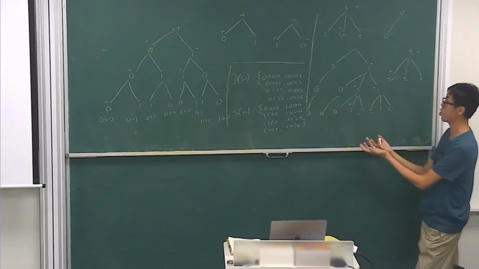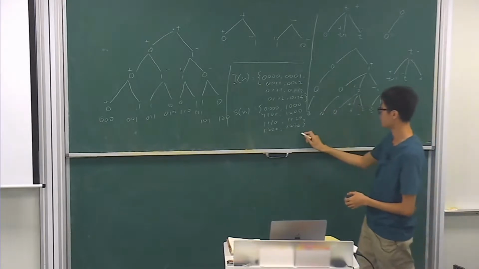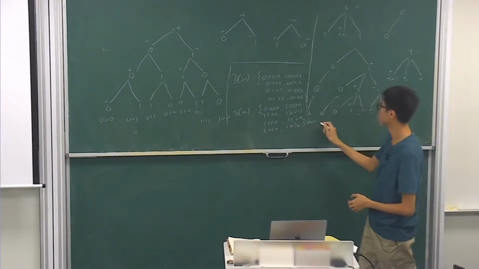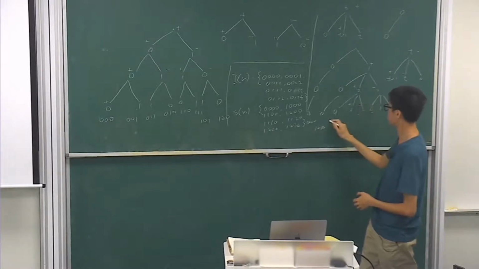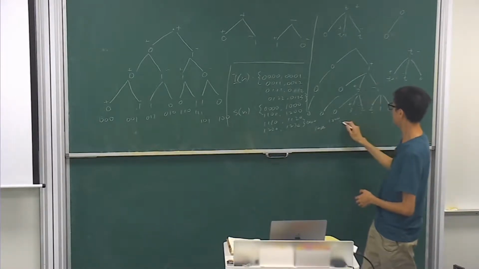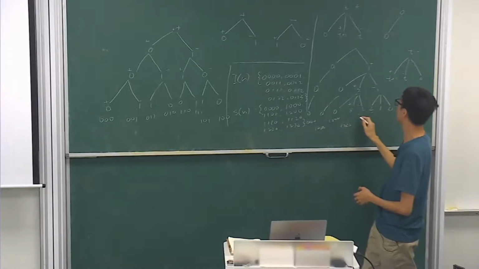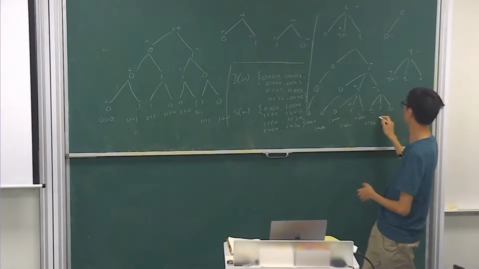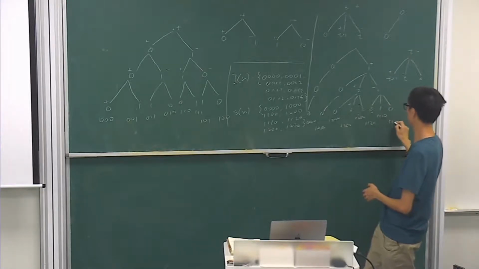And so now if you list out the strings, this is 0, 0, 0, 0, 1, 0, 0, 0, 1, 2, 1, 2, 3, 1, 2, 2, 0, 1, 1, 2, 0, 1, 1, 1, 0, 1, 1, 0, 0.